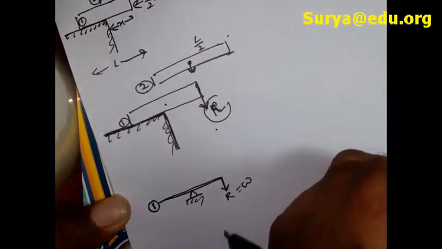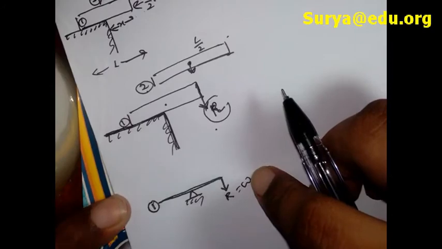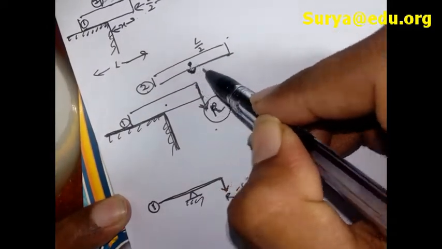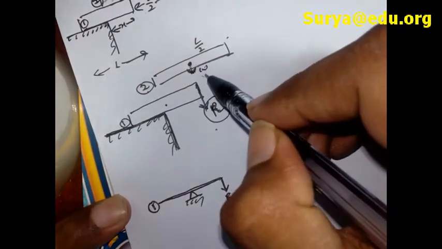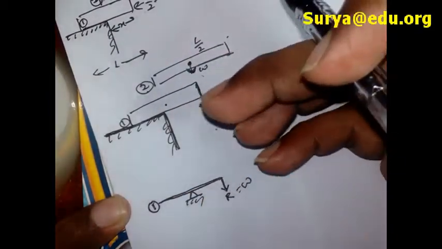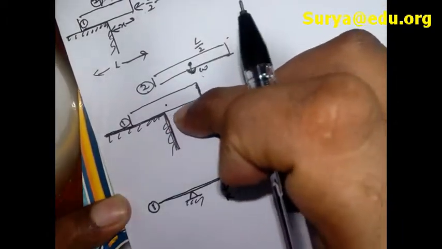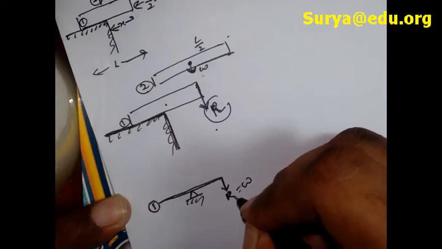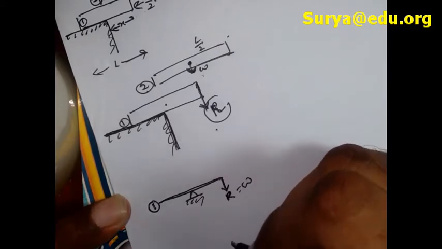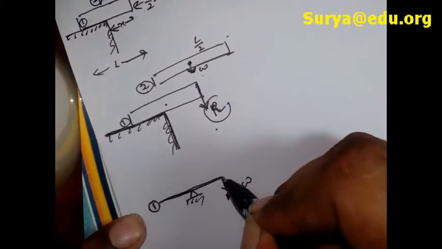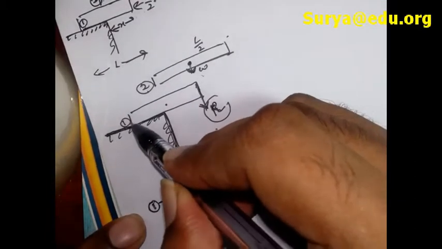R is equal to W, because the weight of this block W is the one that is exerting a downward force on block number 1. So there is a downward force R, right? Now if you consider this block, that is block number 1.